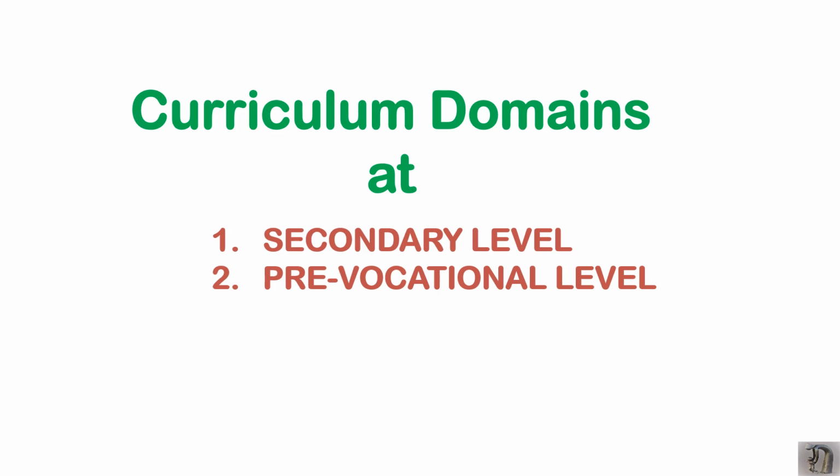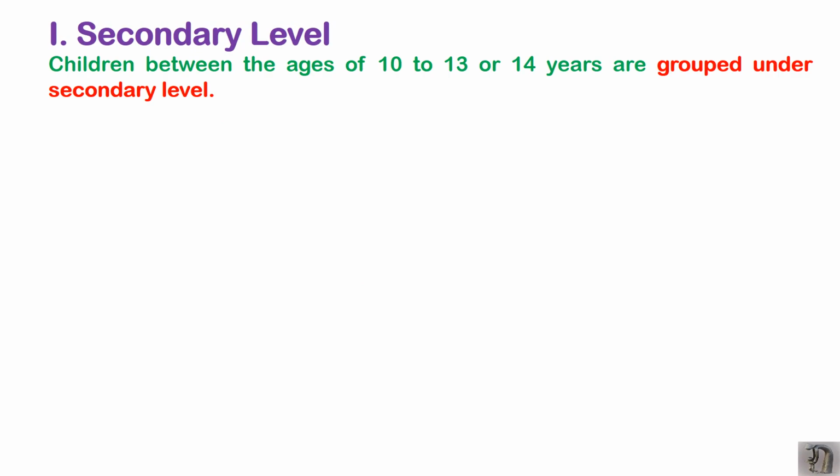So let us understand the secondary level domain. Okay, now here you can see a secondary level. In secondary level, you need to understand children between the age of 10 to 13 or 14 years are grouped under secondary level.